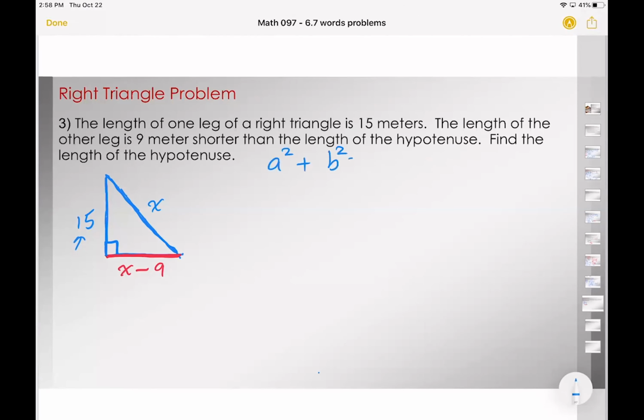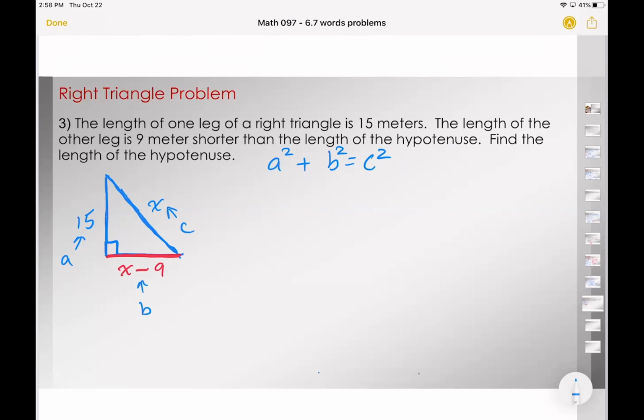Anything that deals with a right triangle, this is what I have: a squared plus b squared equals c squared. This will give me my a item, this will give me my b item, and this will give me my c item.